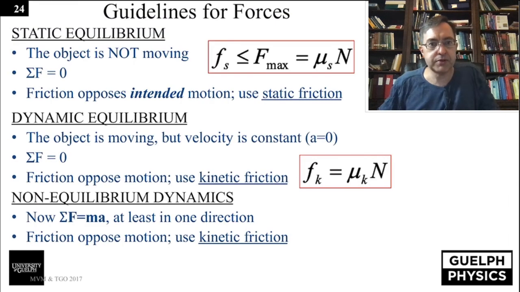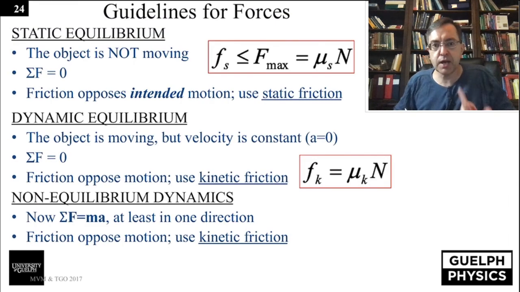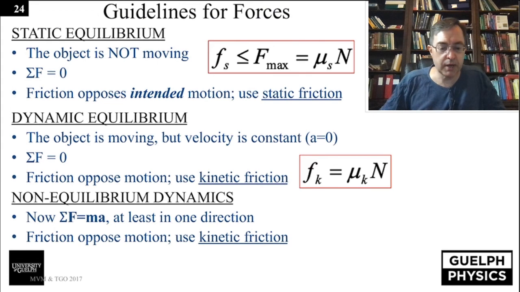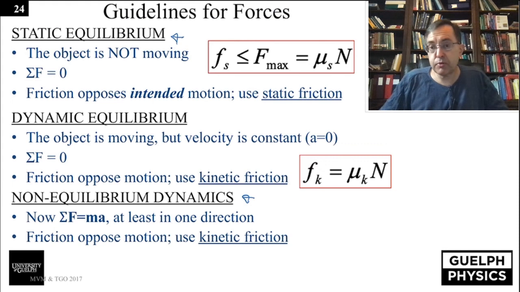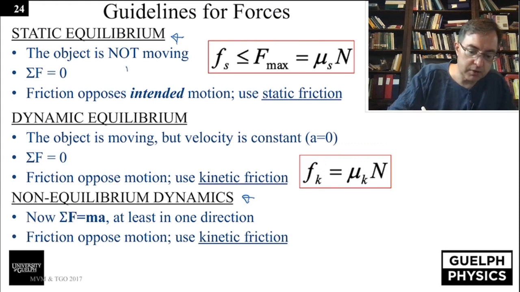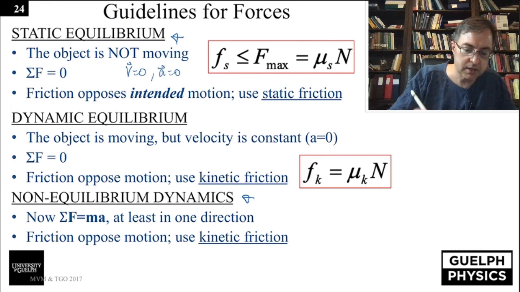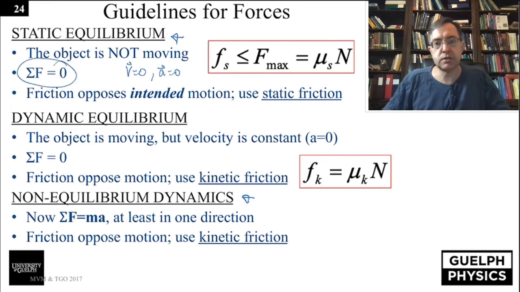Okay, so I'll just summarize what we've done. In these examples, we've examined three situations: static equilibrium, dynamic equilibrium, and non-equilibrium dynamics. For static equilibrium, the object is not moving, so the velocity is 0, and also the acceleration is 0. And so the equation you use is that the sum of the forces is 0.